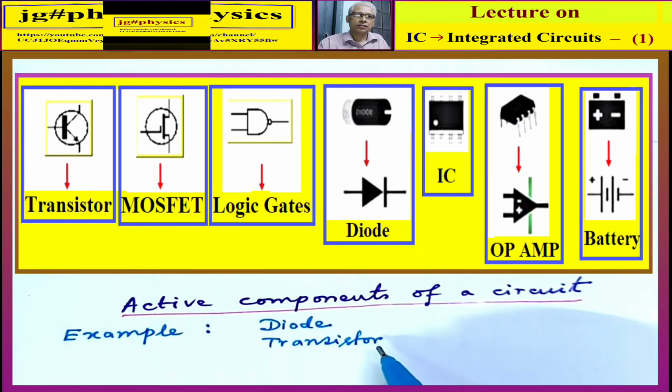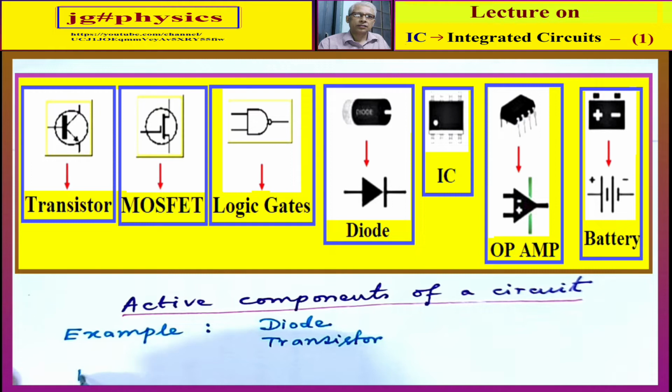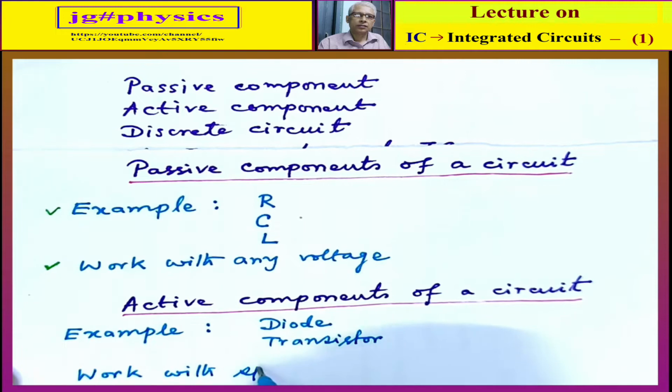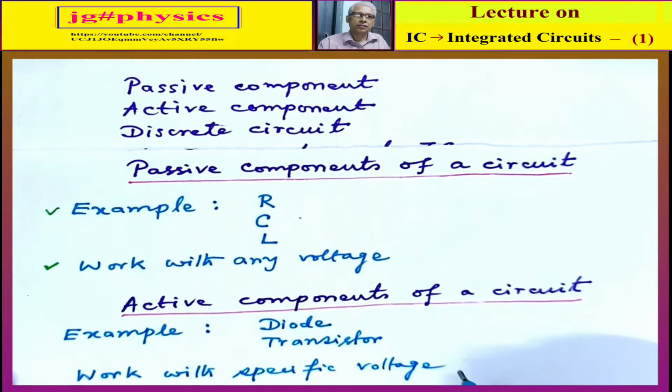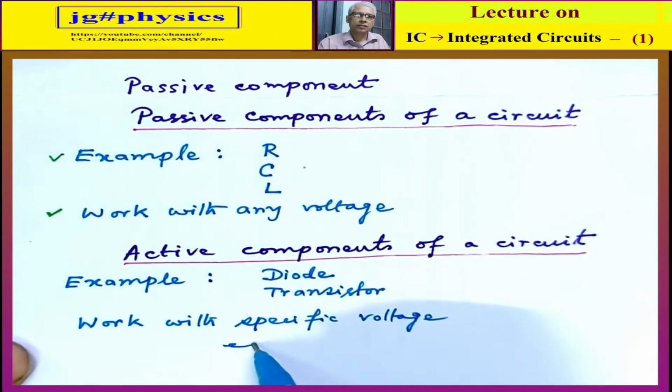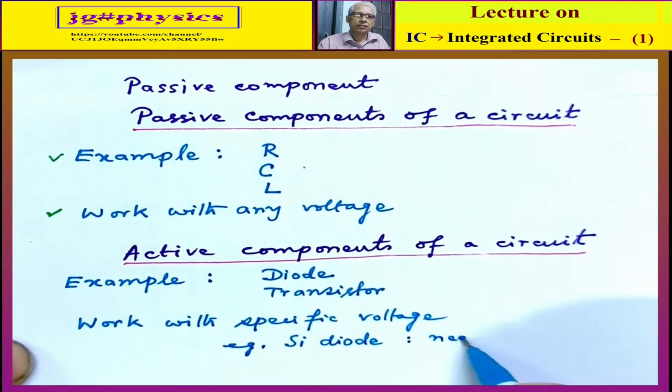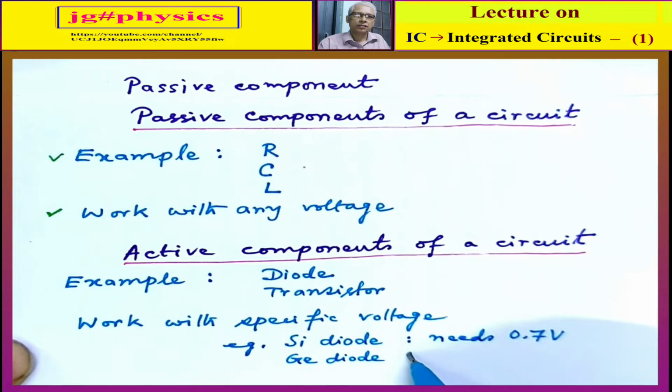These components require specific external source voltage to function. As for example, a silicon diode will not conduct either with forward bias or with reverse bias until the level of voltage reaches 0.7 volt, while for a germanium diode it is 0.3 volt.